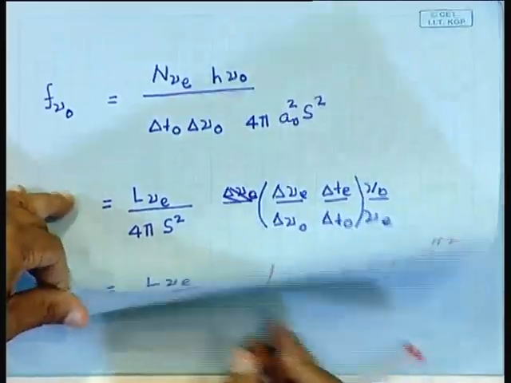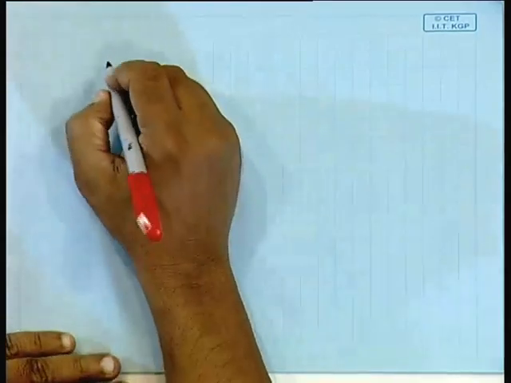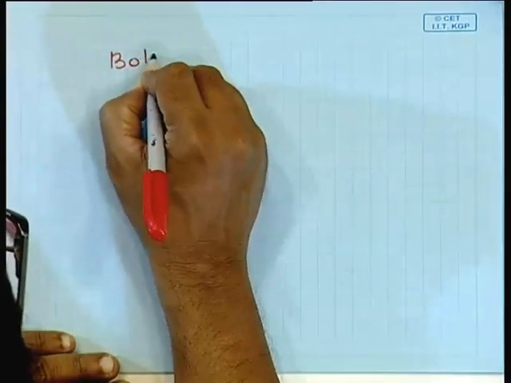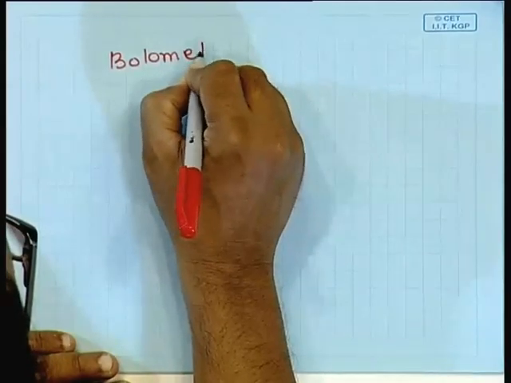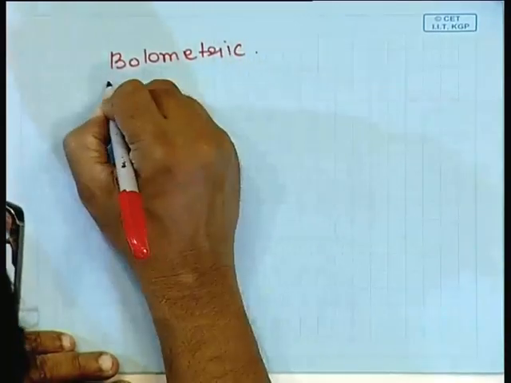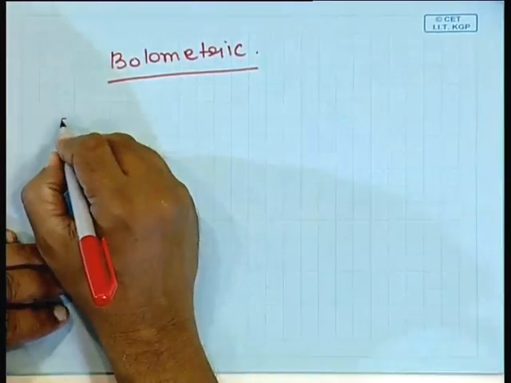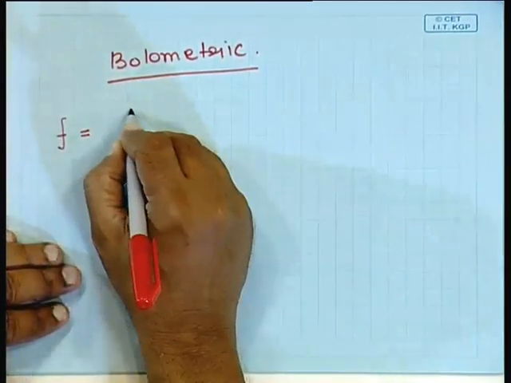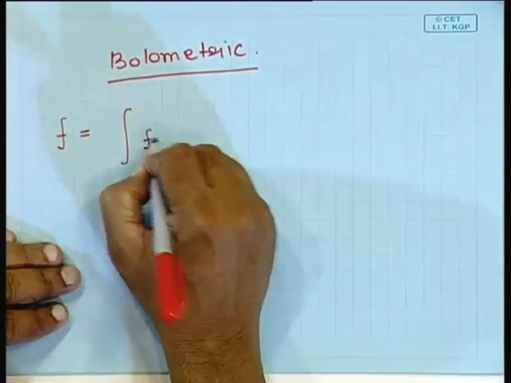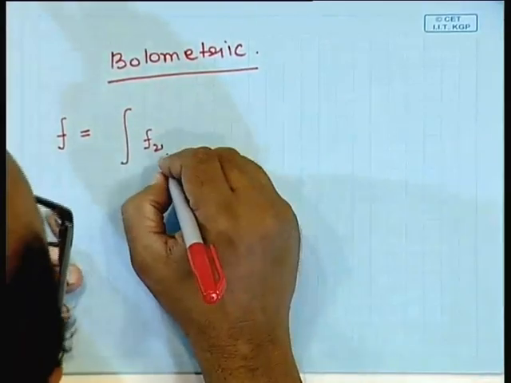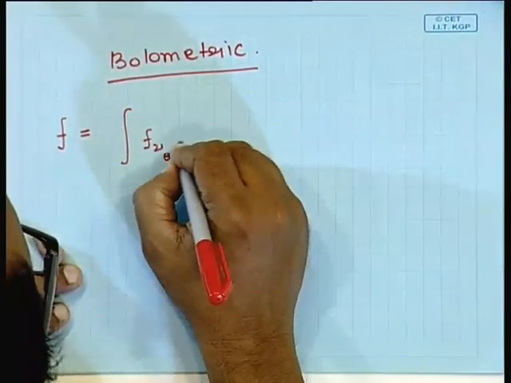Now, let me also determine the relation between the bolometric quantities. So, let us work out the bolometric case. The bolometric flux is the integral of the specific flux observed, d nu observed.